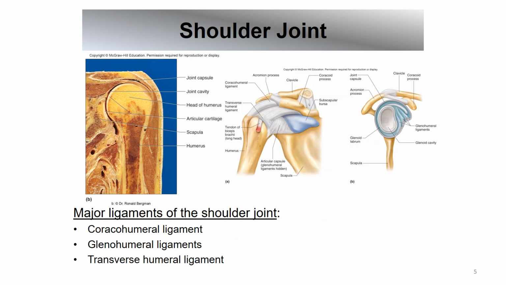Next, we'll go through the major ligaments for the shoulder joint. Coracohumeral ligament. And so the name means that this ligament is between the coracoid process and the humerus. Glenohumeral ligament. This goes between the glenoid of your scapula to the humerus. And the transverse humeral ligament is going across in between the scapula and the humerus.